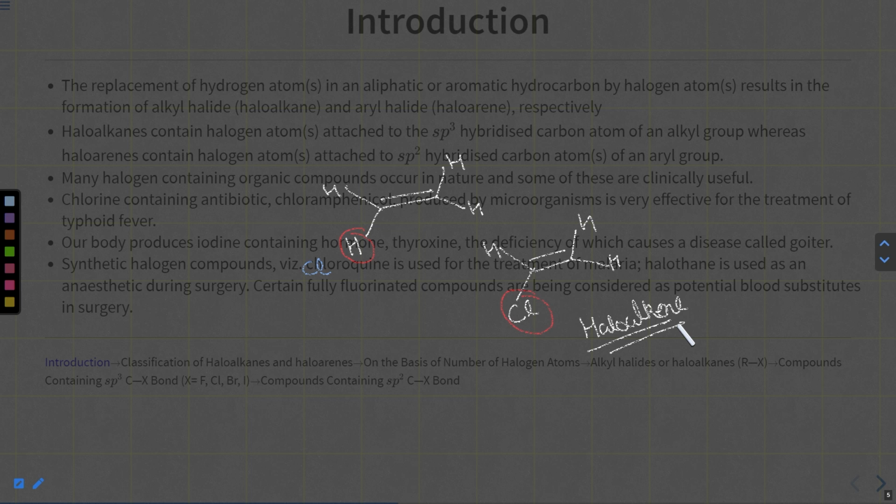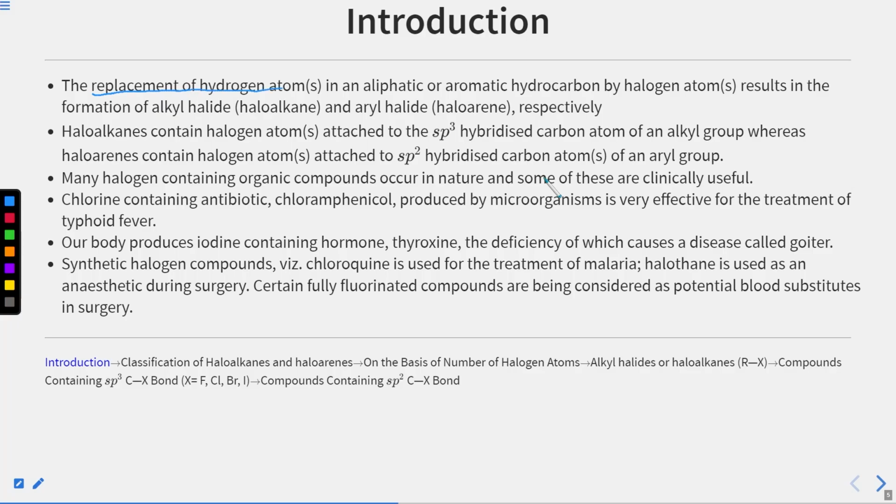Now, what is the benefit of studying these haloalkanes or haloarenes? They found a very wide application in the pharmaceutical industry. So they are clinically very useful. Like the chlorine containing compound chloramphenicol, produced by microorganisms, is used as an antibiotic and is very efficient for the treatment of typhoid fever.